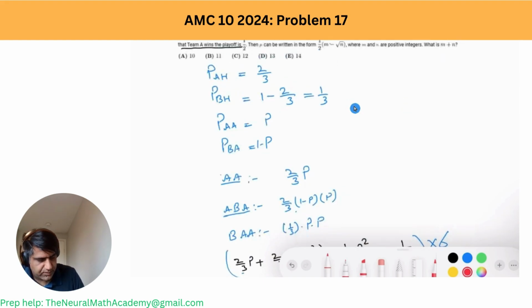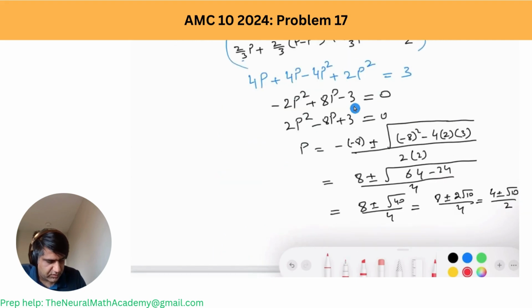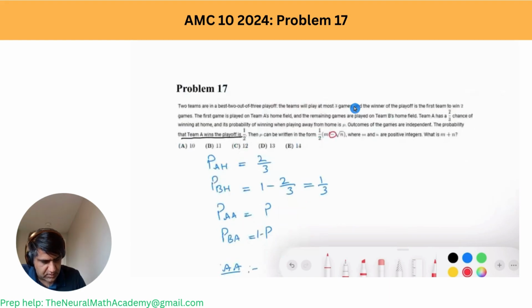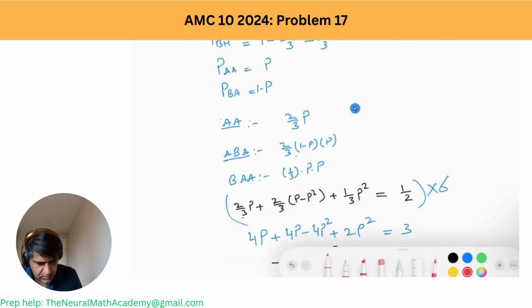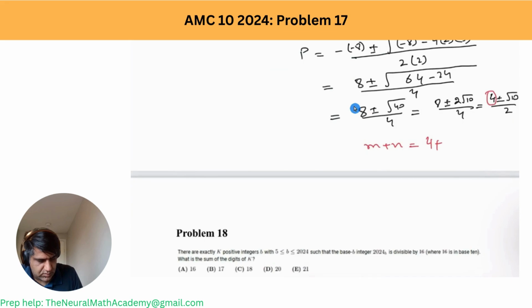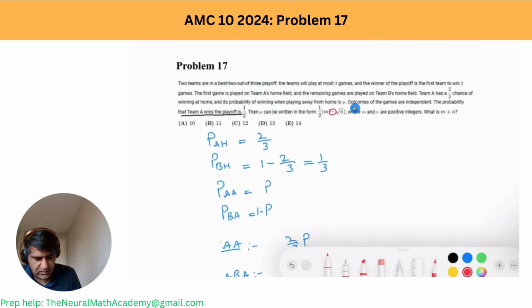So if we discard the positive one and just keep the negative one, then we can keep the values. So the values that we get for m plus n are 4 plus 10, that is 14. So the answer is 14.